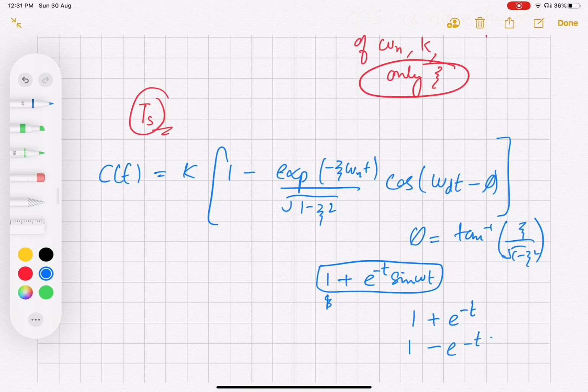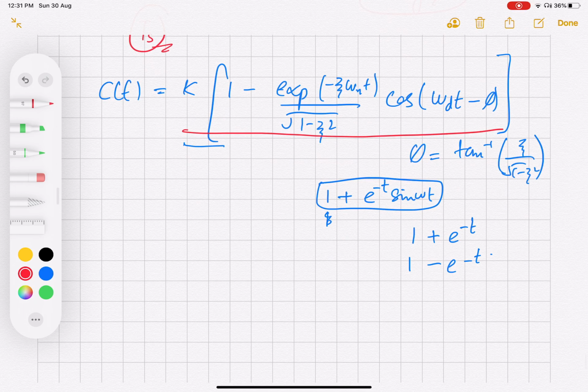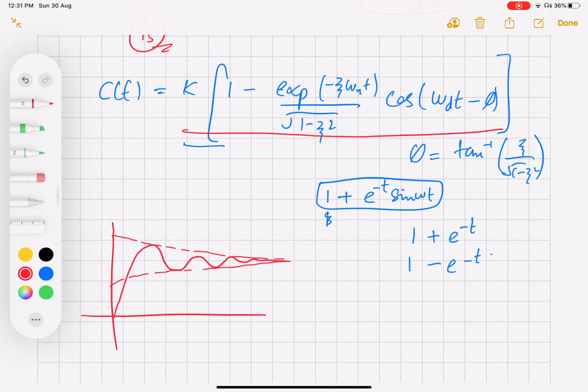In a similar way, I can see that this expression that I have would be between two envelopes, right? Two exponentially decaying envelopes. So this is my underdamped response, and these are two exponentially decaying envelopes, one from the positive side, one from the negative side. Now this one from the positive side would be obtained by taking the plus sign here.